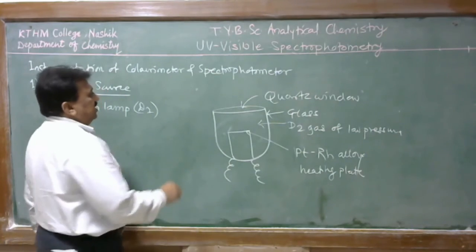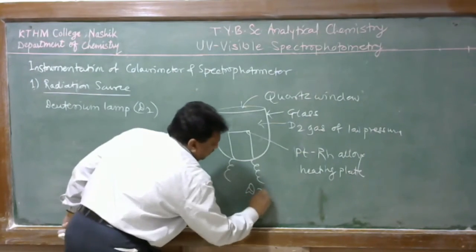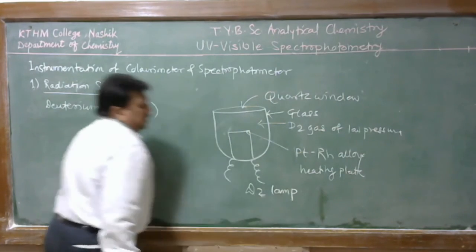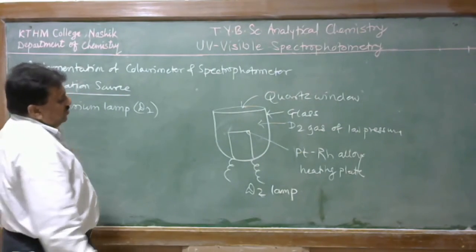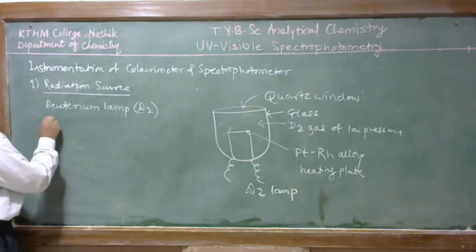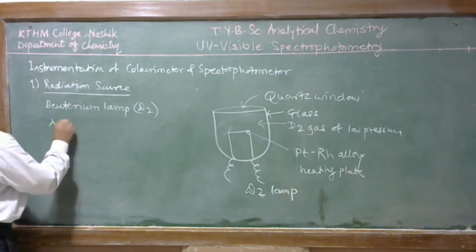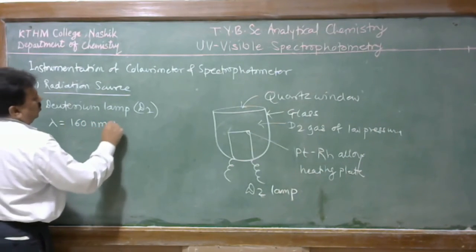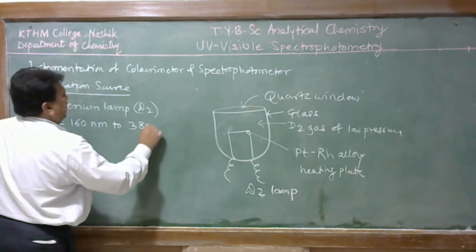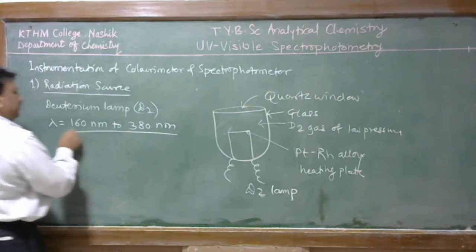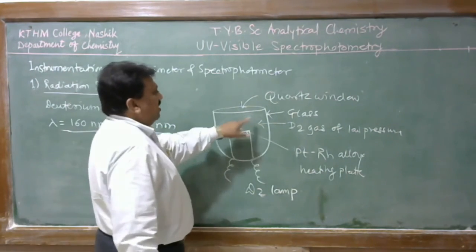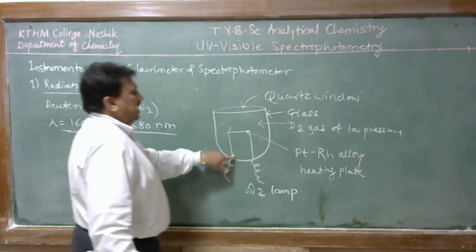And this is the construction of the deuterium lamp. This deuterium lamp gives the wavelength from 160 nanometer to 380 nanometer.